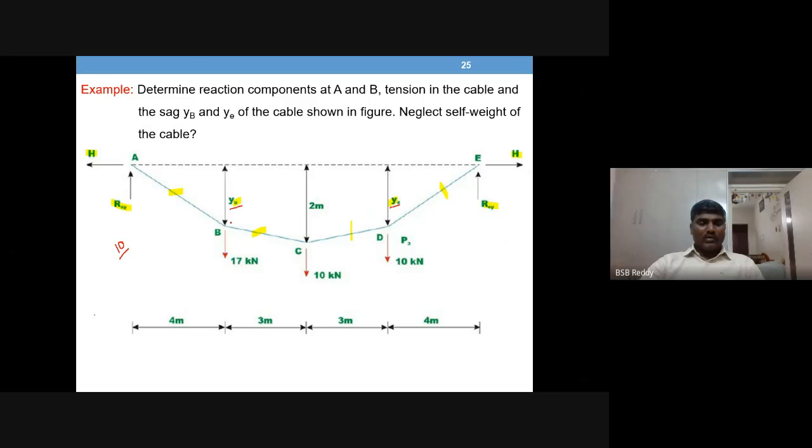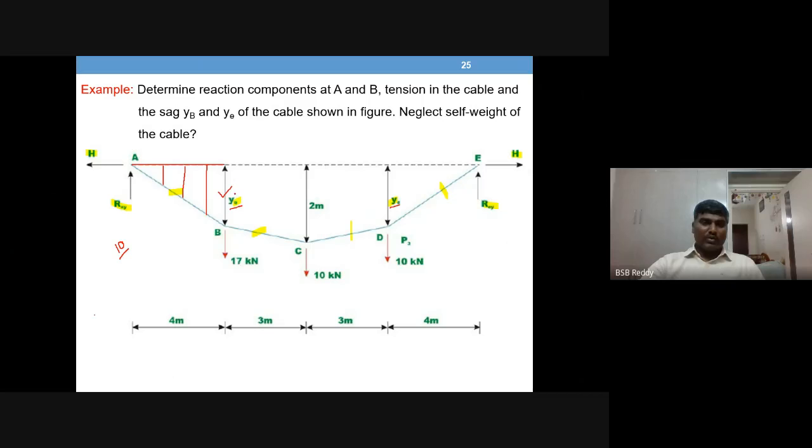Why are we only taking this as unknown? Why not the other locations? Because once you know this value and you already know the span value, and once you can calculate this value, if you want the y value at any other place, you can easily calculate it.